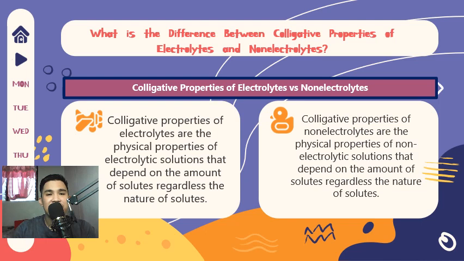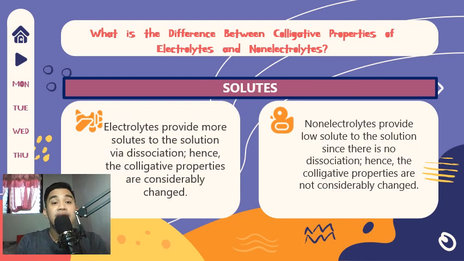So the key difference between colligative properties of electrolytes and non-electrolytes is that the effect of electrolytes on colligative properties is very high. Yeah, it's very high compared to that of the non-electrolytes. In terms of solutes, electrolytes provide more solutes to the solution via dissociation because the ionic compound will disintegrate into a specific species of ions.